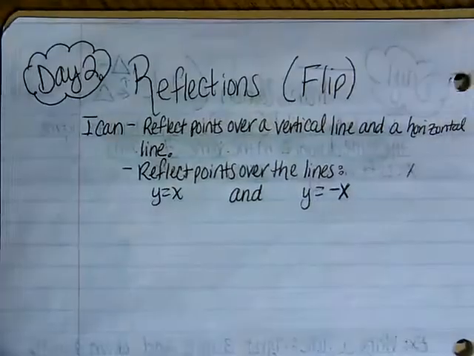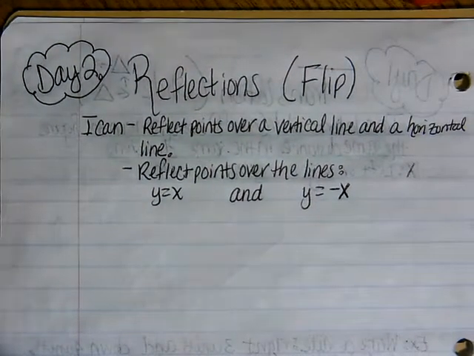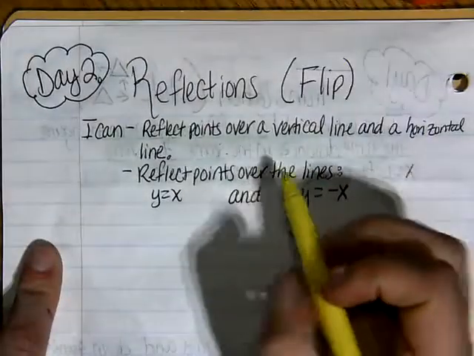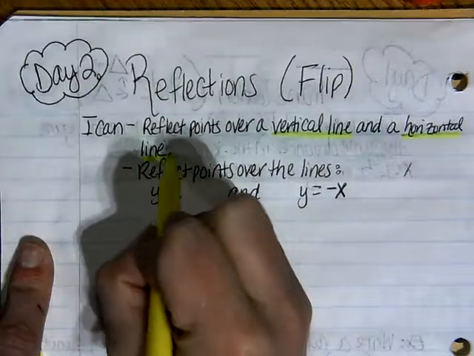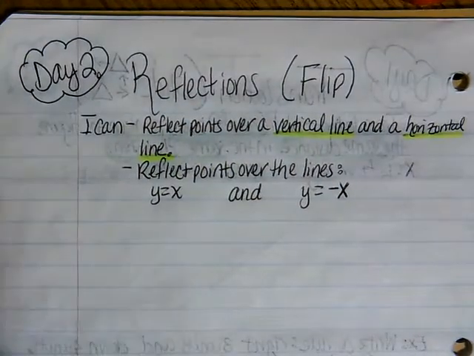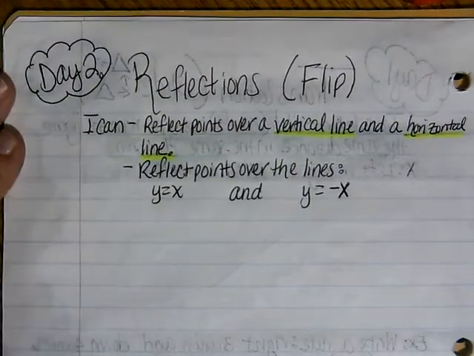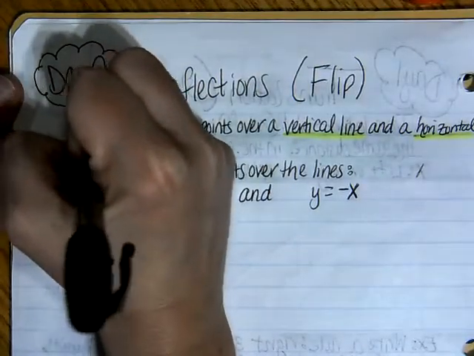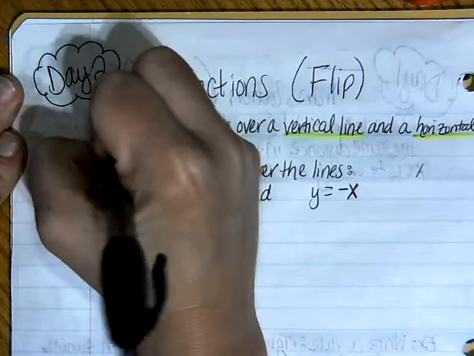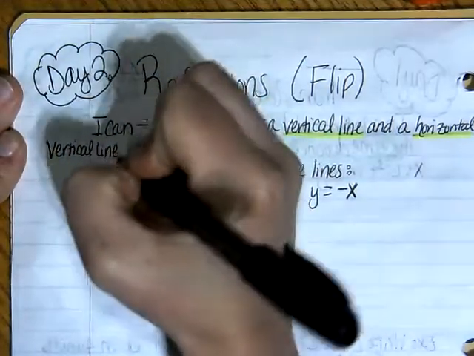Here we go. So our I can statement is I can reflect over a vertical line and a horizontal line. Let's make sure that we understand what vertical lines are and what horizontal lines are. A vertical line looks like this.